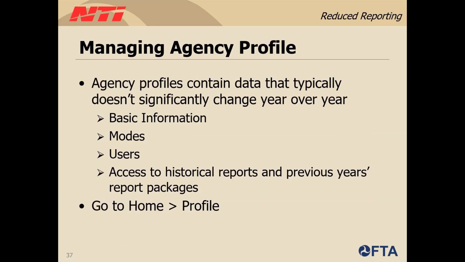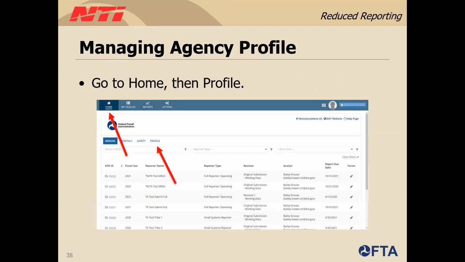The agency profile is a frequently accessed part of the NTD system. This houses data that typically doesn't change from year to year, such as your basic information, the modes you operate, the users who need access to the report, and historical reports. You can access the profile by clicking on the Home tab at the top of the page and then selecting Profile.